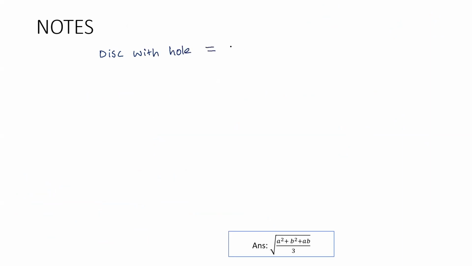One, a disk of radius b, and a disk of radius a. When I take the disk of radius b, I will say that it has positive mass, and when I take the disk of radius a, I'll say that I have negative mass.